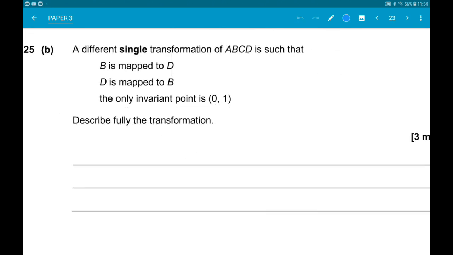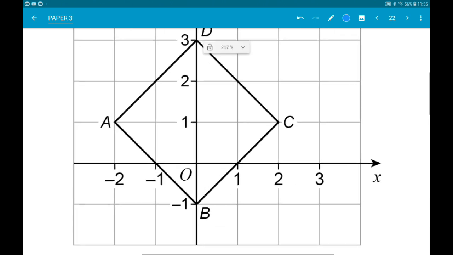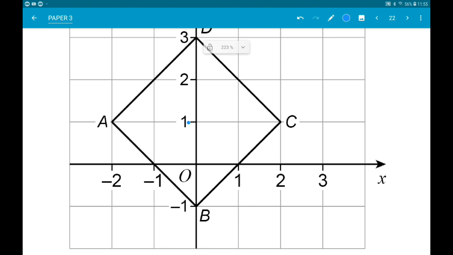Okay, then for part B, we are told a different single transformation acts on ABCD such that B is mapped to D, D is mapped to B. The only invariant point is 0, 1. Describe fully the transformation. So, the only point that doesn't change is in the center.